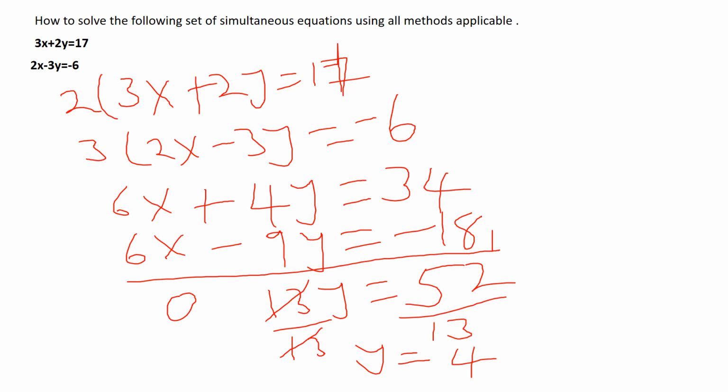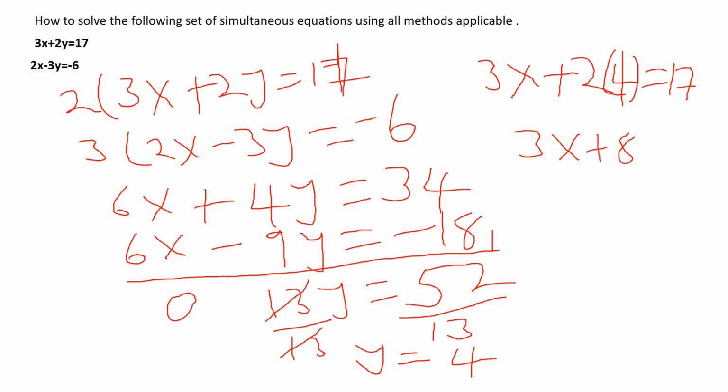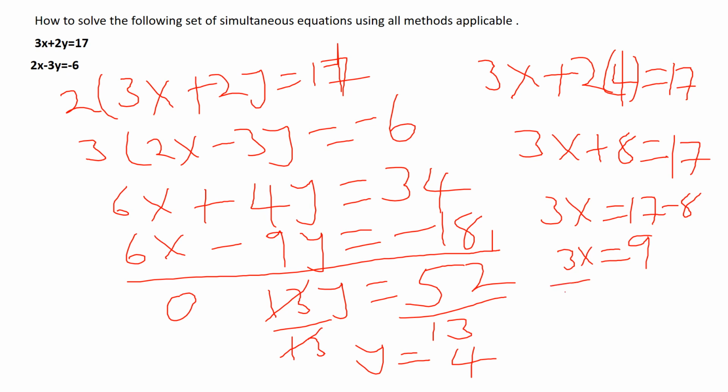I can use the first equation: 3x plus 2 multiplied by 4 equals 17. Operating the bracket, I have 3x plus 8 equals 17. Taking 8 to the other side, 3x equals 17 minus 8, so 3x equals 9. Dividing by 3, x equals 3. Those are the values of x and y.